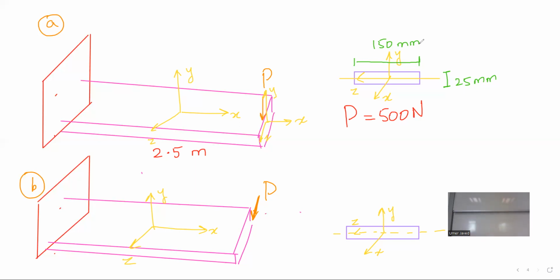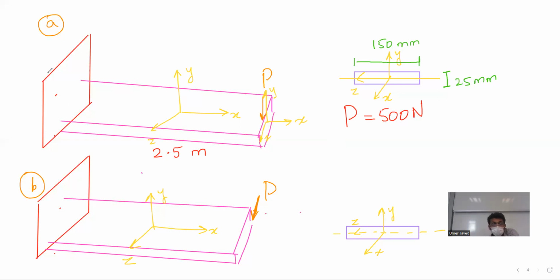But the moment, in this particular case, will be 500 into 2.5. The support of this object will be subjected to the maximum moment. 500 into 2.5. The support will be subjected to the maximum moment, right? Yes. 500 times 2.5.